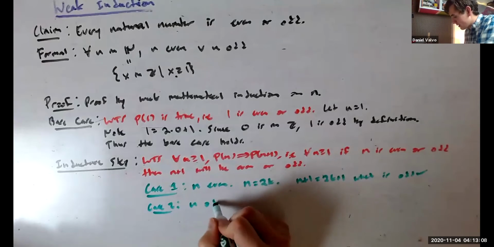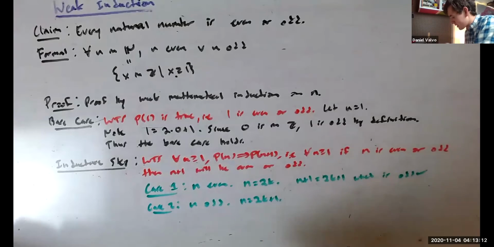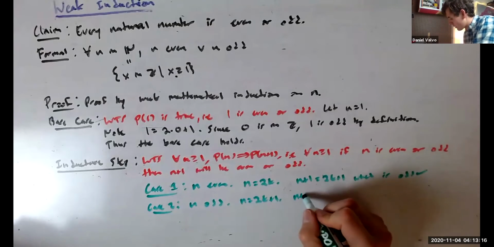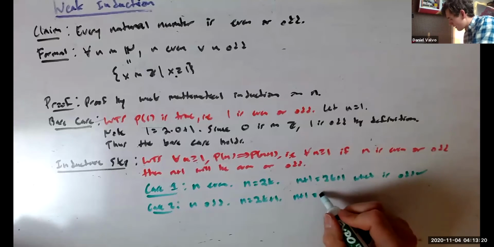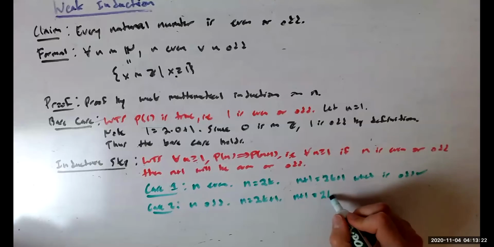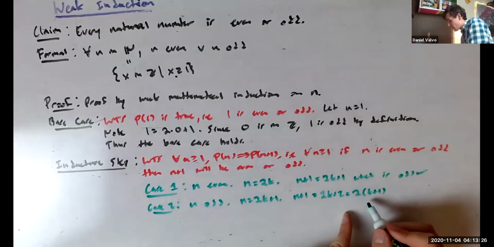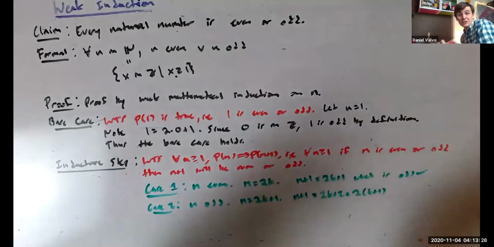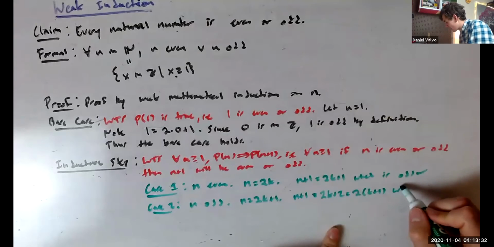Case two, n is odd. Like was said, we can write that as n equals 2k plus 1. What do we know about n plus 1 then? It's 2k plus 2, and then you could take out a 2. Exactly. And since k plus 1 is an integer, because k is an integer, 1 is an integer, and integers are closed under addition, that means this is even.